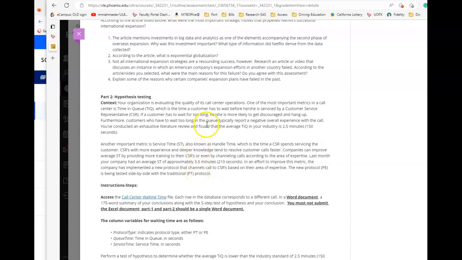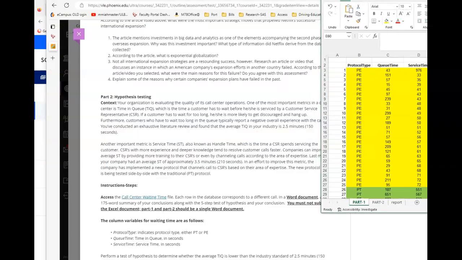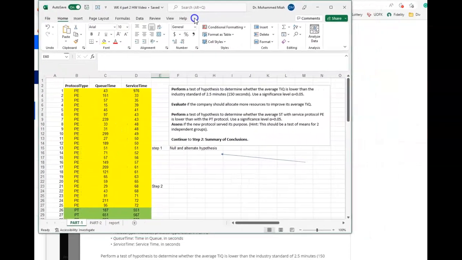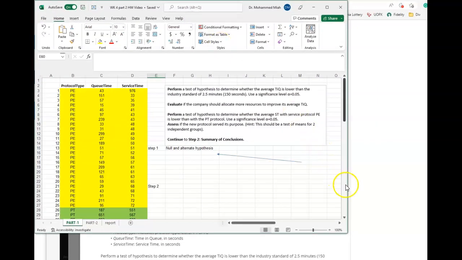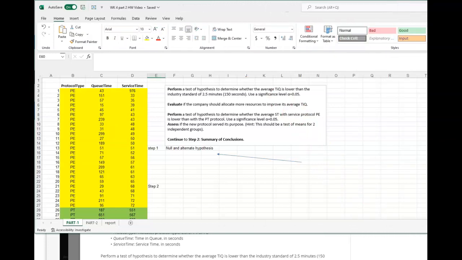So the first thing first, for PT, you're going to test the time in Q. So here is my sample data set, and I cut and pasted the questions here on the Excel page.